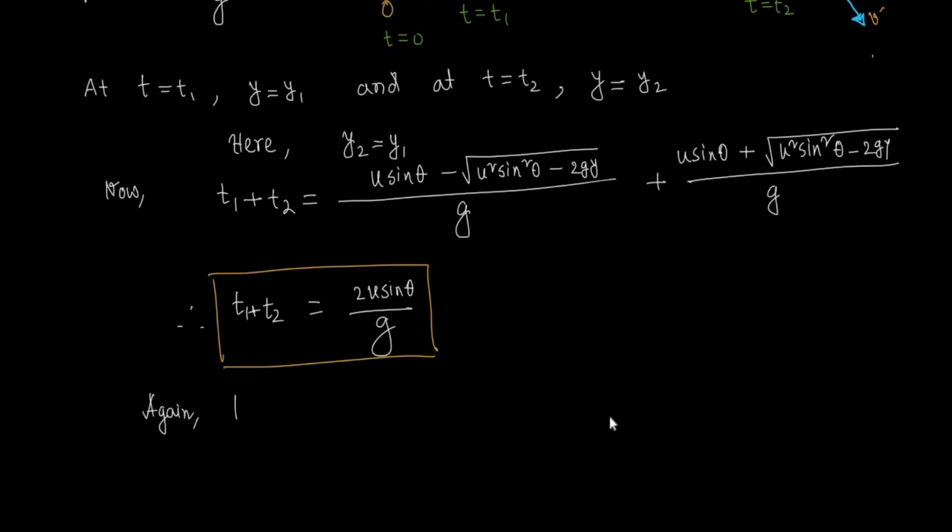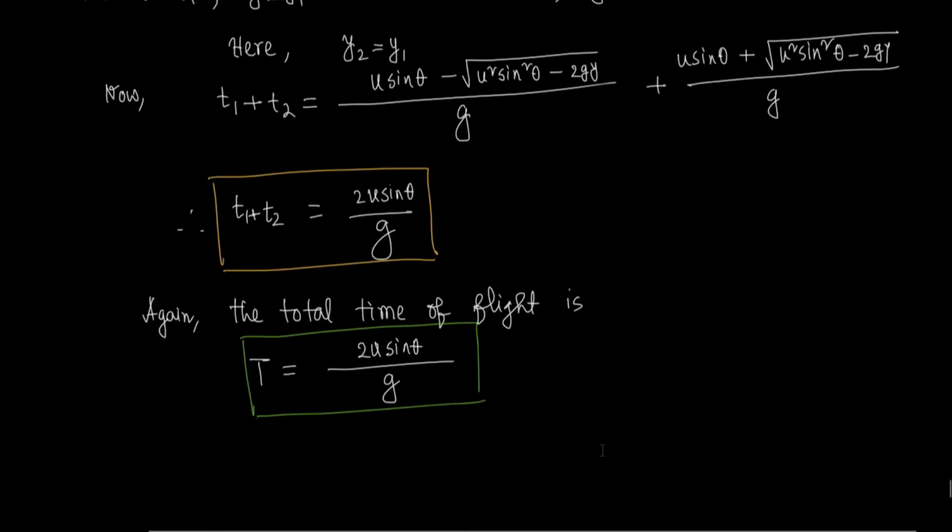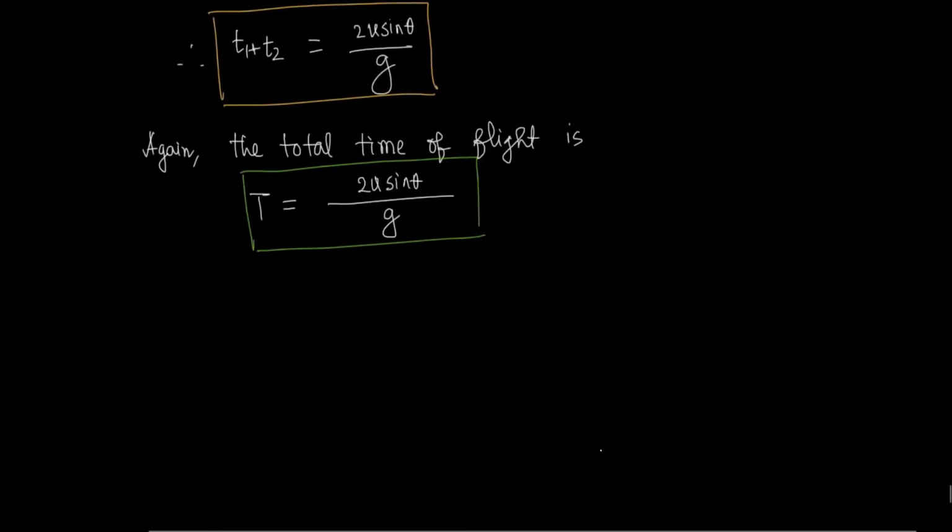Again, the total time of flight, in which the projectile is in the air, is given by capital T equal to 2u sin theta divided by g.